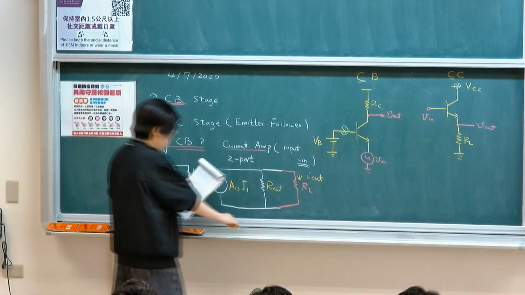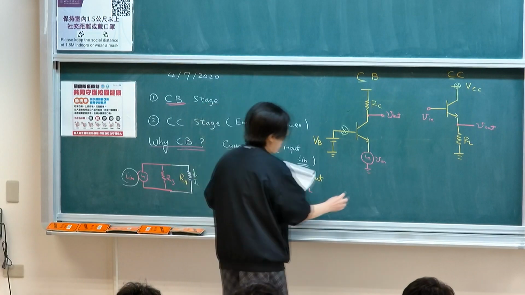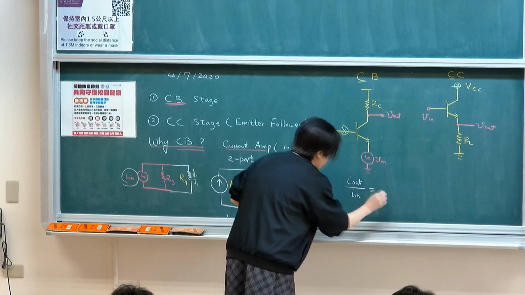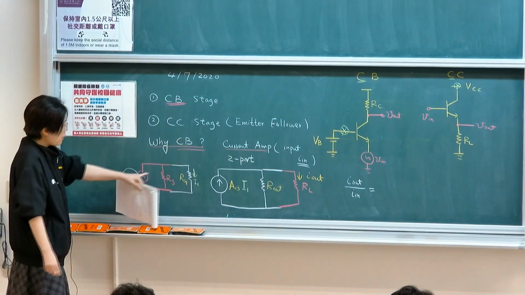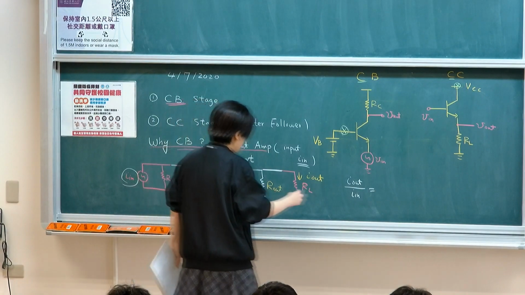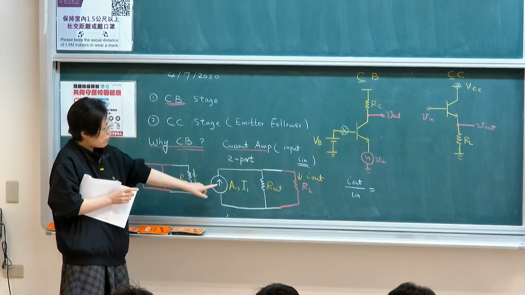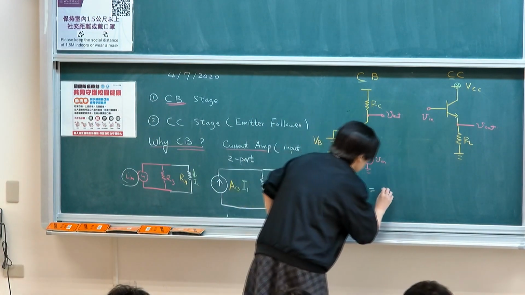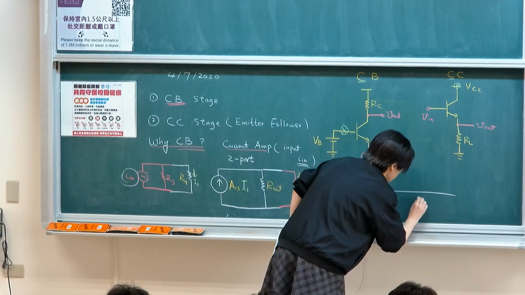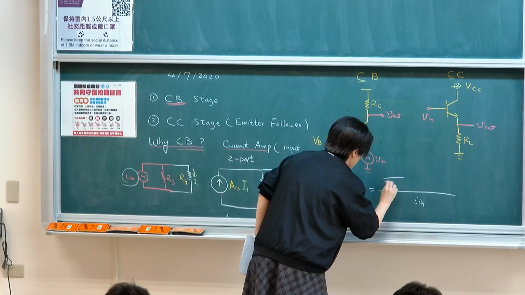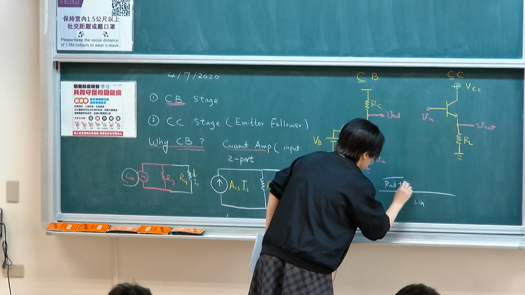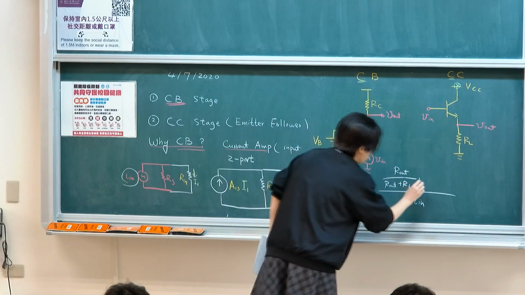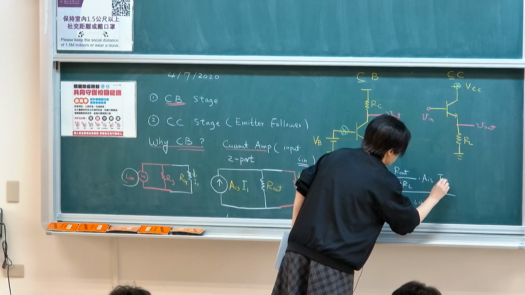If this is the equivalent circuit, I could quickly write down the corresponding output current and input current ratio. Based on this current, it's a current divider. Therefore, your output current is this current. Let me just write it down. So this is the input current. The output current involves R out plus R load, with R out, and the ratio A_IS times I1.